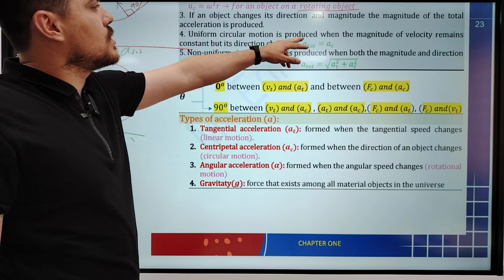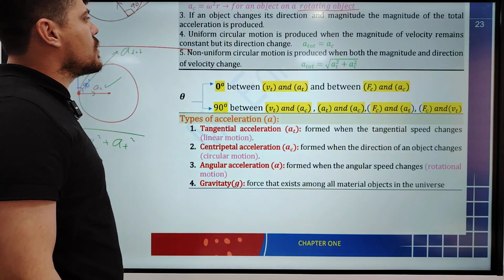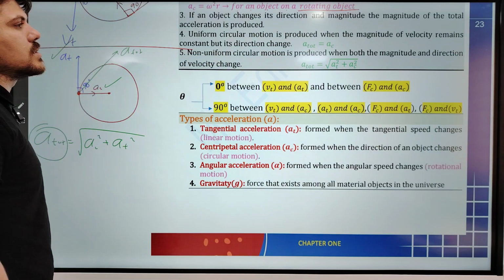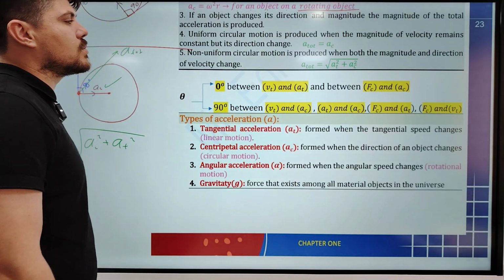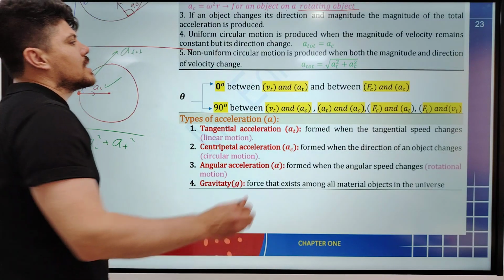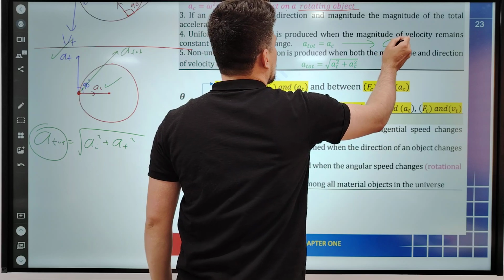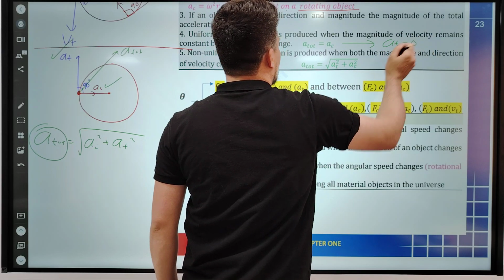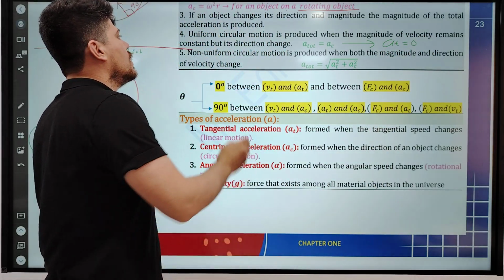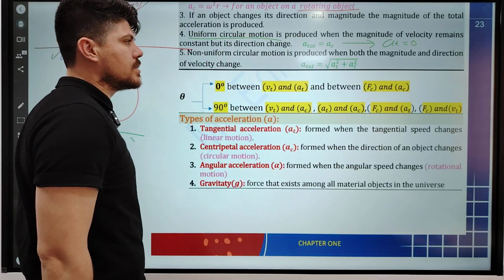Uniform circular motion is produced when the magnitude of the velocity remains constant but its direction changes. So in that case, A total is equal to AC, it only has centripetal acceleration, because tangential acceleration is 0 in uniform circular motion.